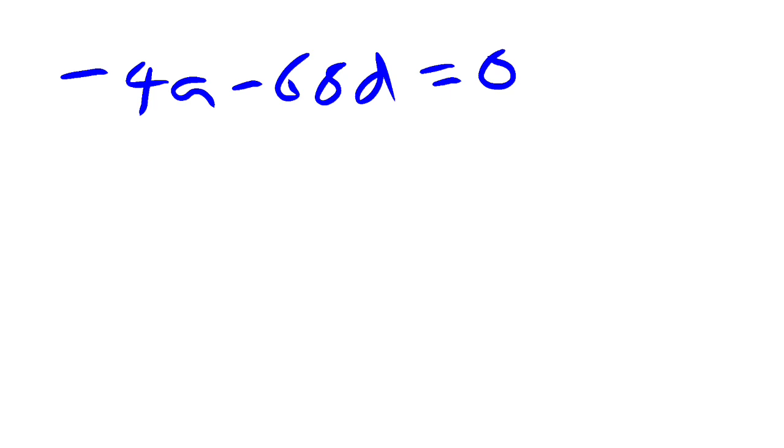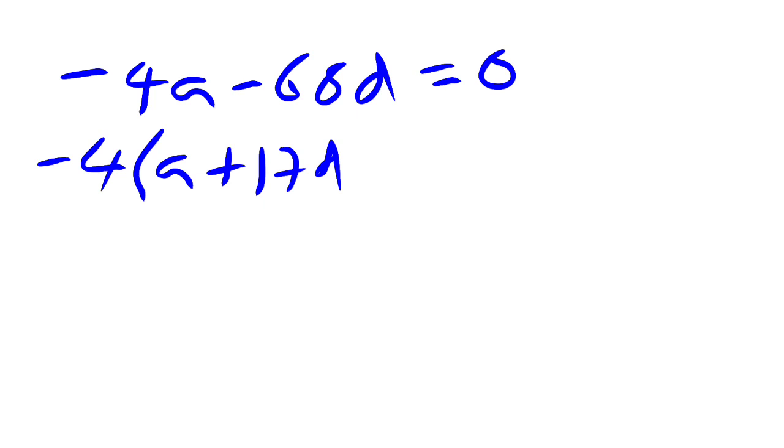Can we take any number common from these two? Yes, we can take minus 4 common. So then a will be there. Here we are taking the minus common, so here we will get the plus symbol. 4 ones are 4. Remainder 2. Next digit 8, 4 7s are 28 into d equals 0.